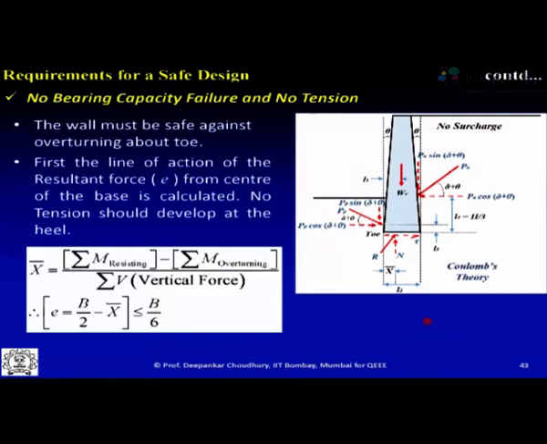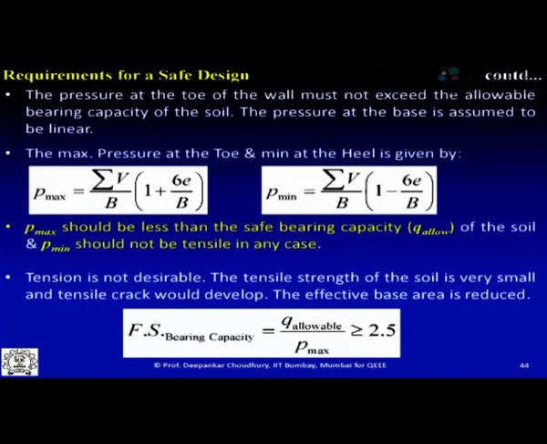Now for the bearing capacity and no tension criteria, as I have mentioned, you will get the bottom pressure below this wall, like you will get the point of application where this is acting, and if this resultant acts within B/6, B is nothing but the width of this bottom, and from the center line within B/6, if your resultant load passes through, that is the eccentricity maintained here is within B/6, then no tension will come into the picture.